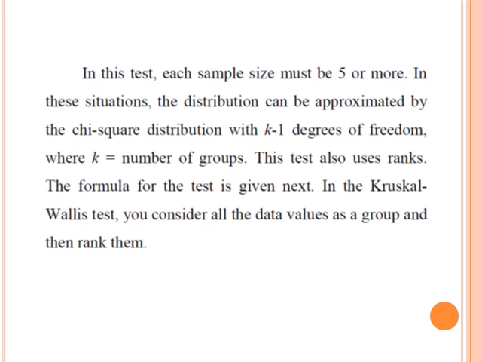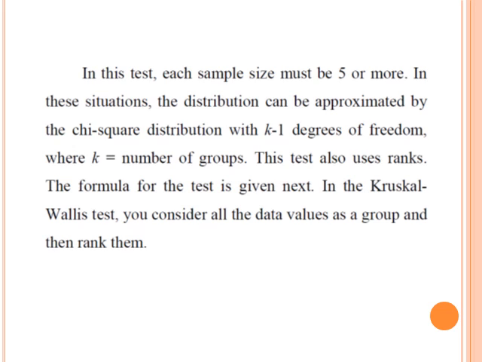It's different. Please concentrate. This test also uses ranks. So we will use the tables for chi-square and degrees of freedom k-1, and we will rank our samples in this test.